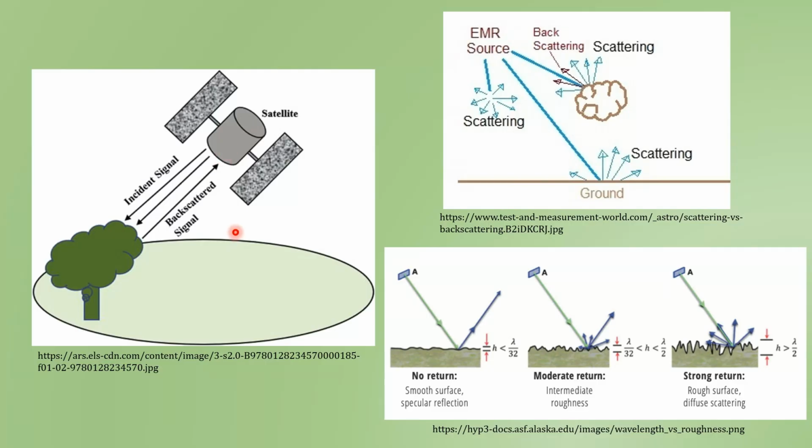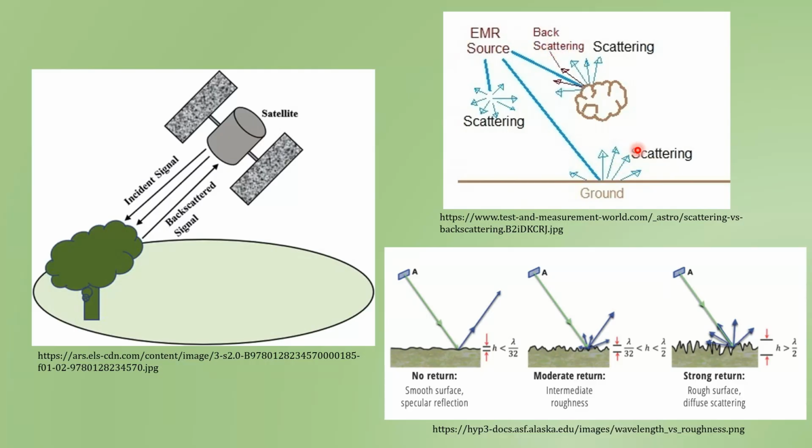This is a very important concept because when a signal is transmitted from the source towards the terrain, this signal, or we can say the electromagnetic radiation, can get scattered from the atmospheric components in its pathway, or when it strikes the ground, it can get reflected in any direction. So there is a difference between scattering and backscattering.